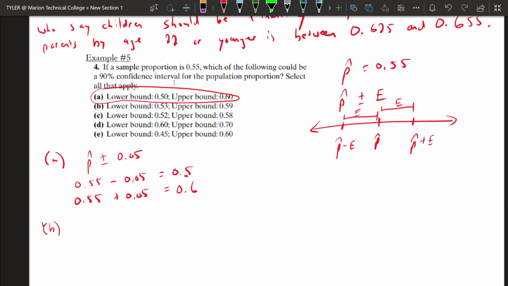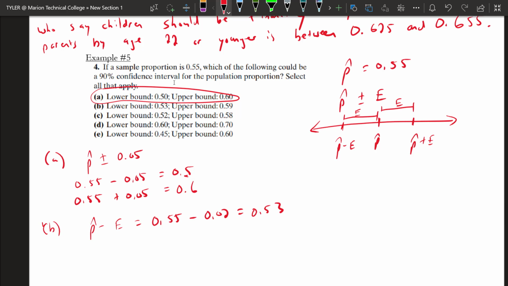Let me rewrite this. What I was noticing for the lower bound is that the lower bound is equal to p hat minus E. If I take 0.55, which is p hat, minus 0.02, that gets me to the lower bound, which is 0.53.